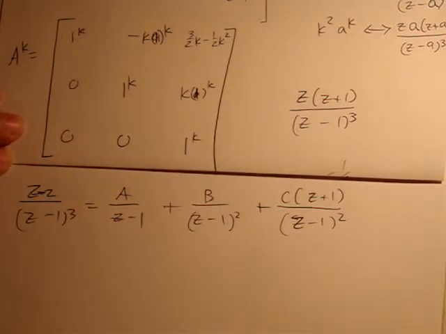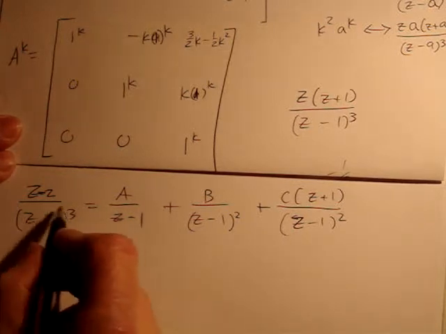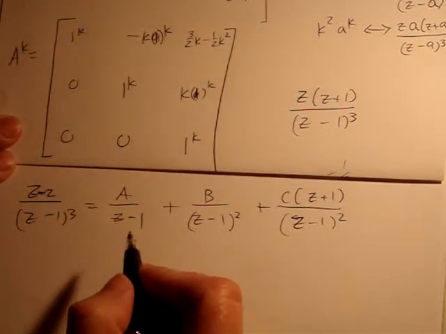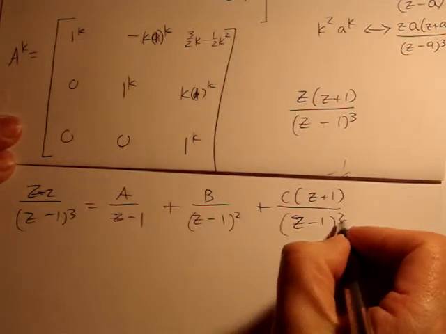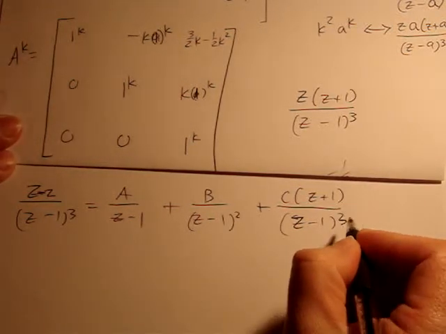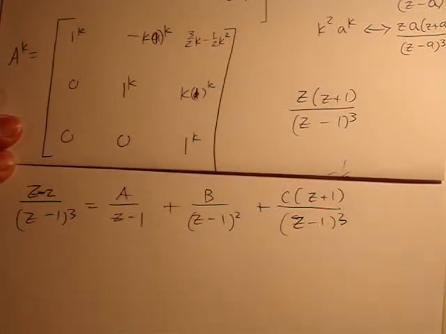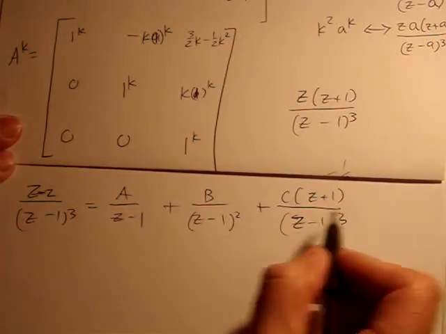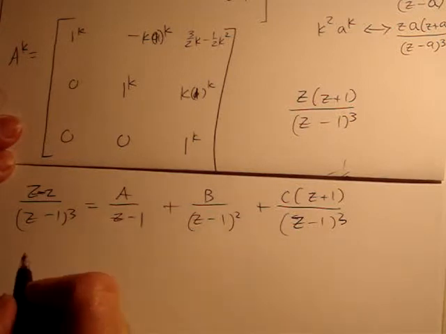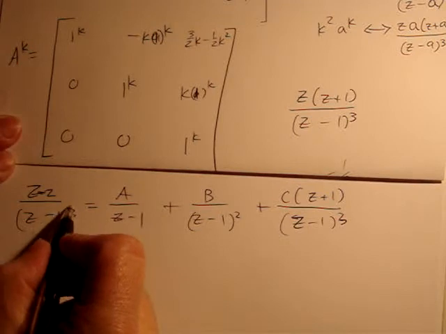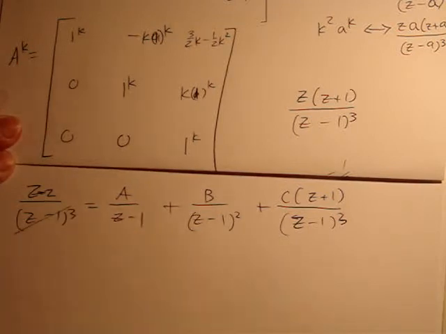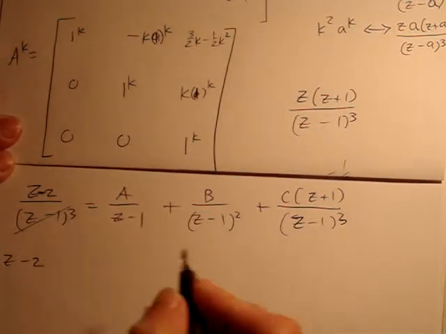So let's go ahead and multiply through by Z minus 1 cubed and see if we can solve for these A, B, C terms. Multiplying through by Z minus 1 cubed, it goes away on this side, we have a Z minus 2.